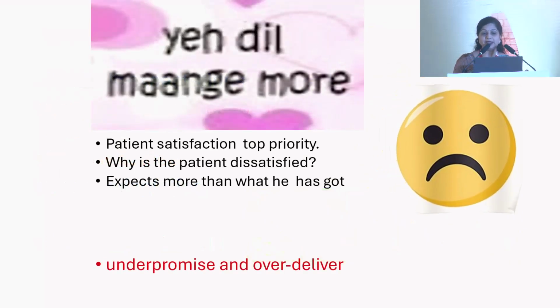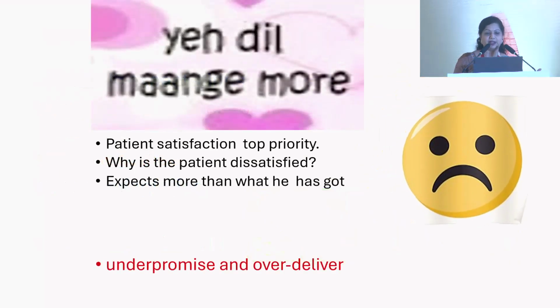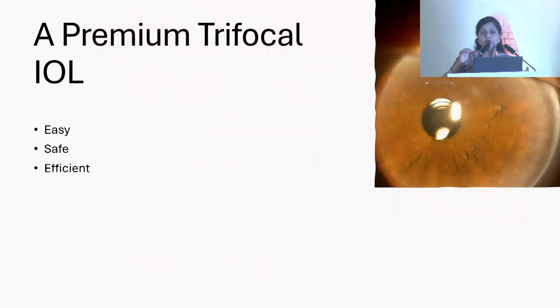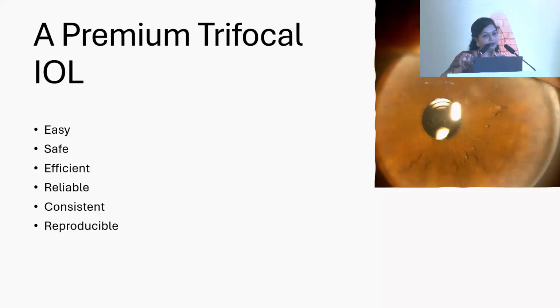Whenever the patient is not satisfied with what he has got, remember that sometimes you have to do a proper checkup of the patient to look at whether the ocular surface is good or not, whether the macula is good or not. So for all these patients, an excellent preoperative workup is important.